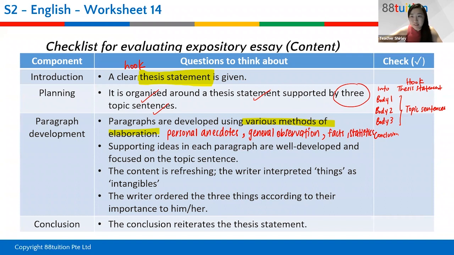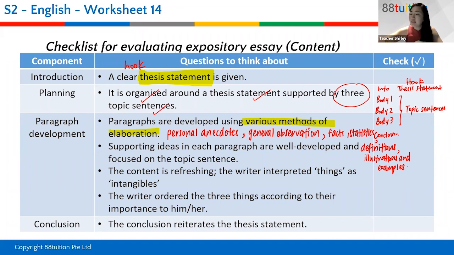But then again, facts and statistics mean you have to be very well read. Then some other methods you can use would be, for example, definitions. What's the definition of social media? You can also use illustrations and examples. Okay, so those are that.